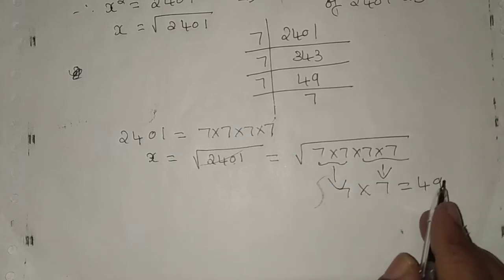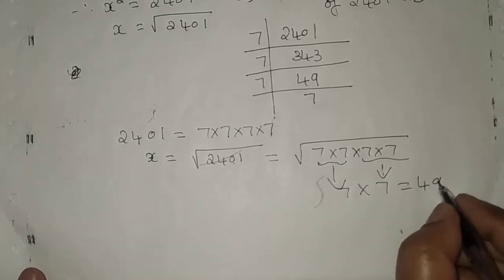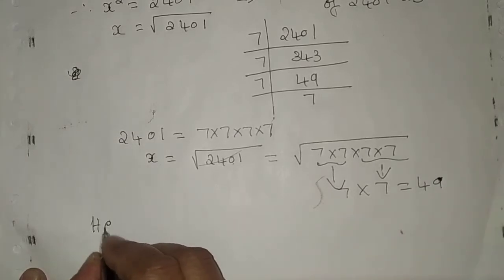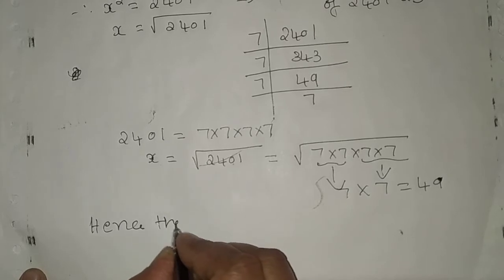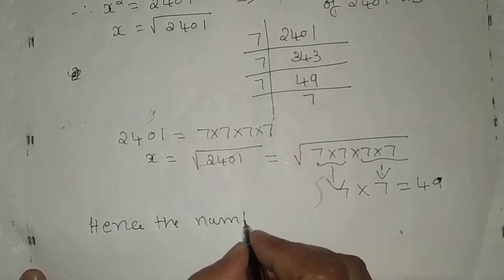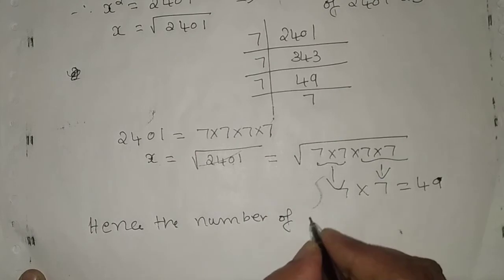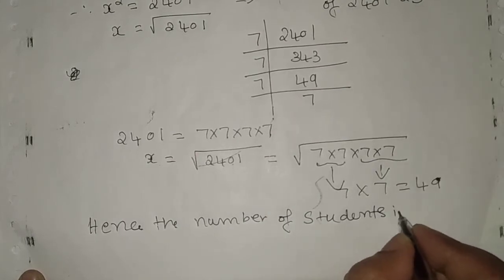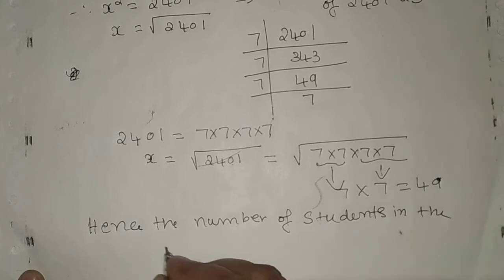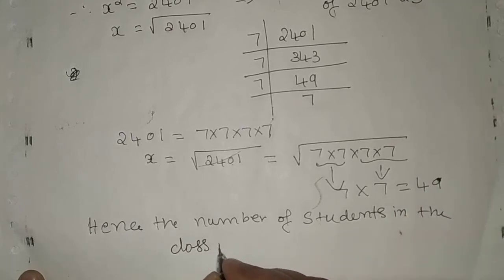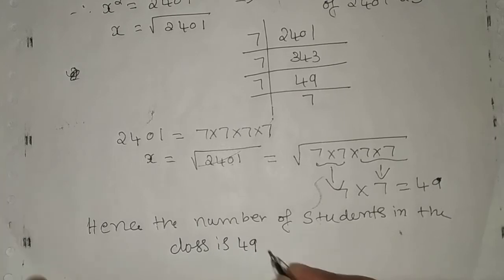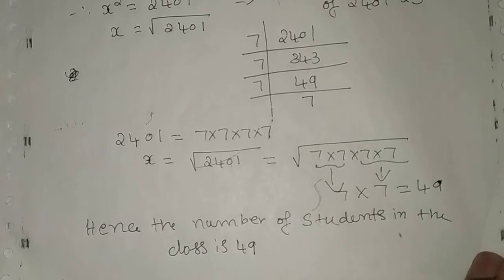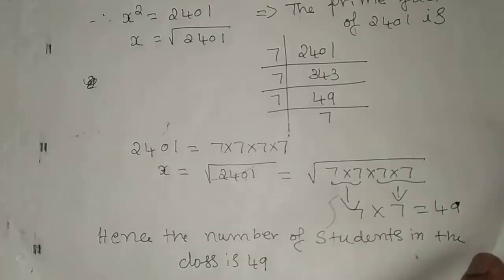Take 1 from each pair. So we'll get 49. So what is the solution now? The number of students in the class is 49. So we got the number of students in the class as 49. So this is the solution for question 7.